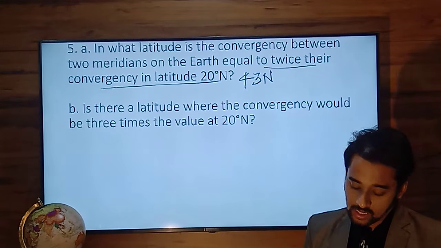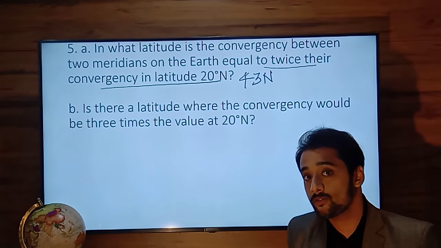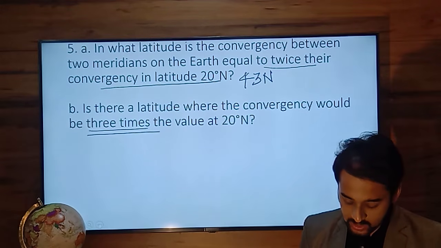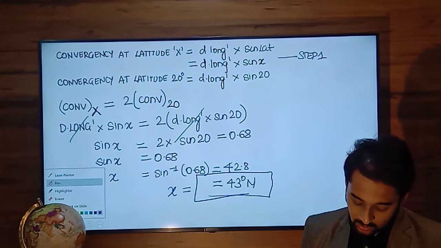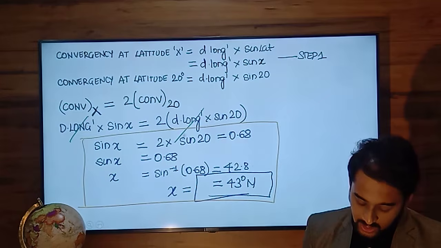Now part 2. Is there a latitude where the convergency would be 3 times the value at 20° north? Instead of solving the whole sum, I will just write this part. So let's check that.